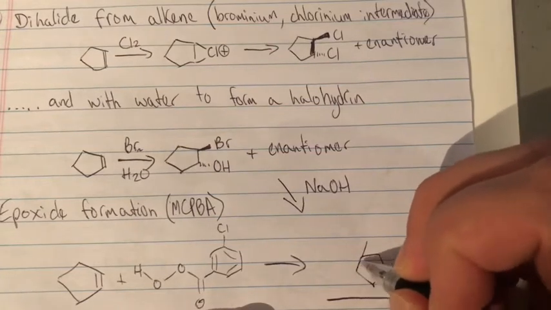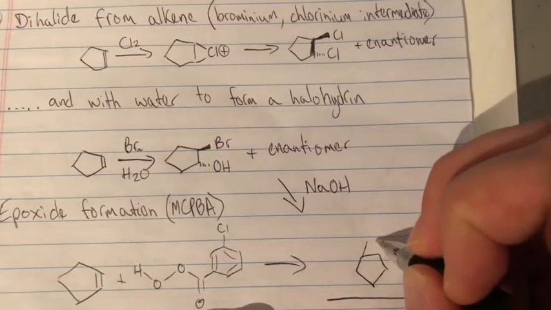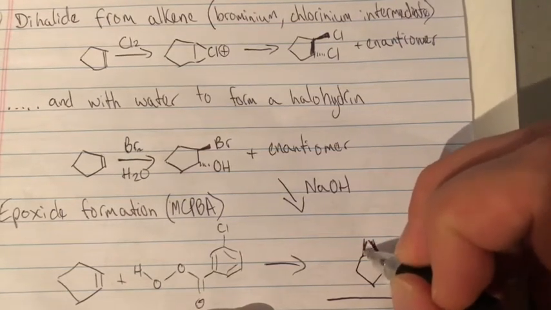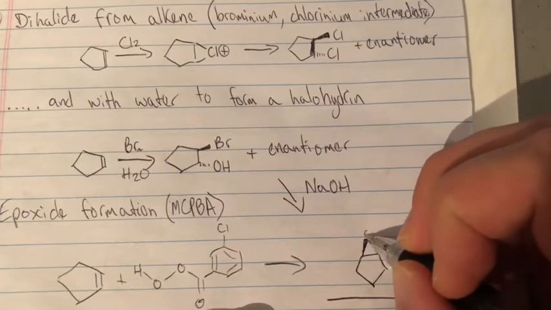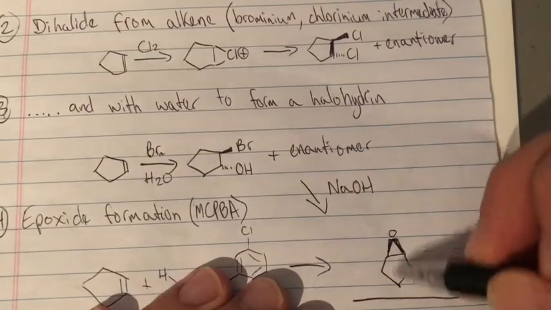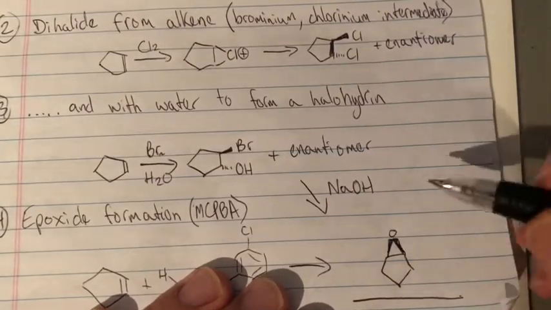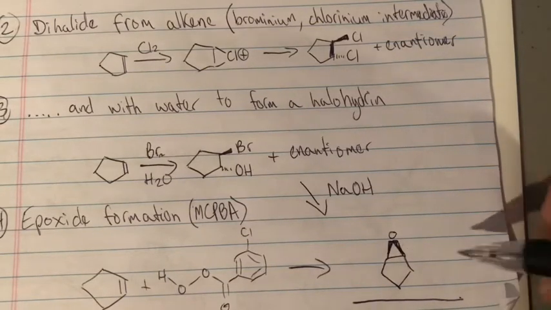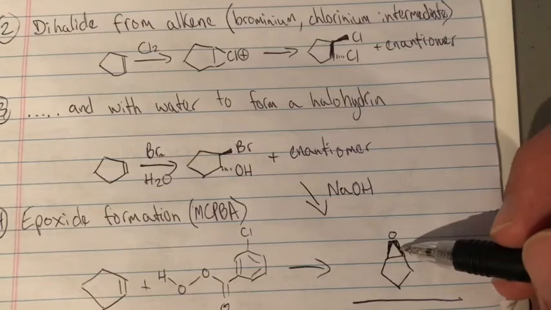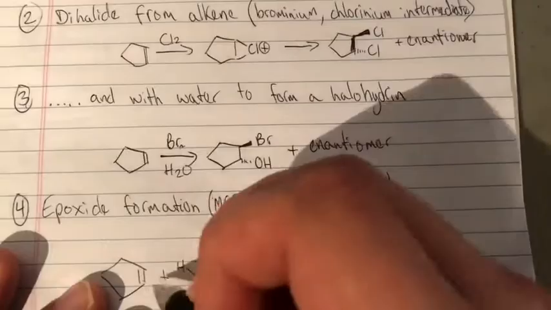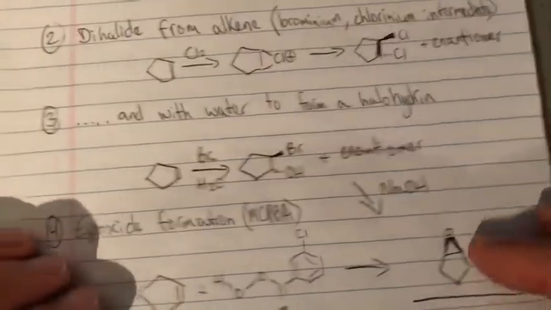And seeing as it's a meso compound, meaning there's going to be some kind of axis of symmetry about this particular compound, that means that you're not really going to have any type of stereospecificity. So if this were going into the plane of the page or out of the plane of the page, it doesn't really matter because it's just attacking above or below that particular pi bond. Okay, so that's the fourth example.